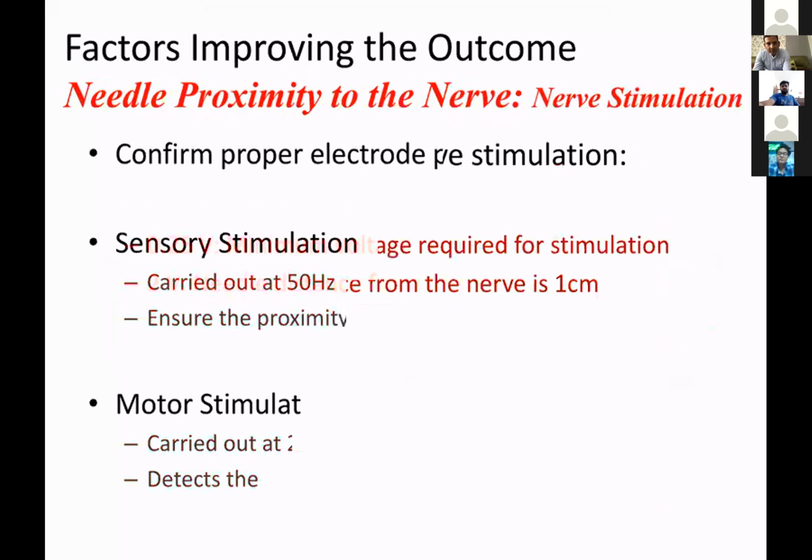The parameter which helps in ascertaining the needle proximity to the nerve is the voltage required to stimulate a nerve. 0.25 volt is the minimum voltage required for stimulation, and as this voltage increases, it means that the needle is lying at a greater distance from the nerve, and at 2 volts the needle is lying approximately 1 centimeter from the nerve. So we need to reposition the needle if it is at a greater distance from the nerve.